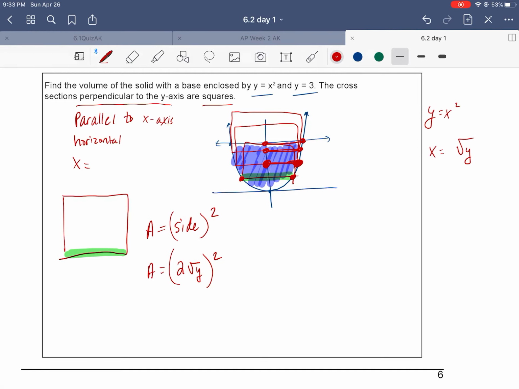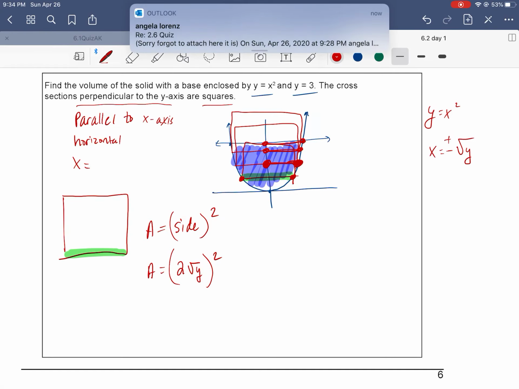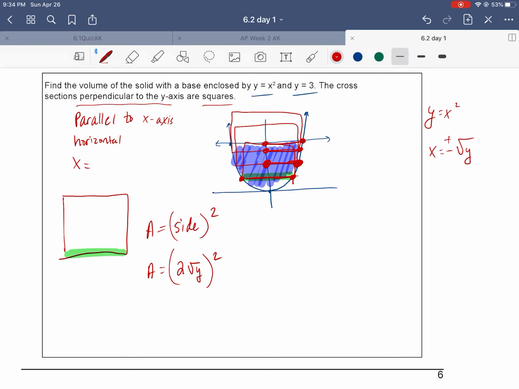Another way to think about this is the fact that if I solve with square roots, I apply a positive and a negative. So one example of y equals x squared, where a solution of that, x equaling root y, would be 1. But another solution of that would be negative 1. So if I think about that as a distance, negative 1 until positive 1, that distance is 2.